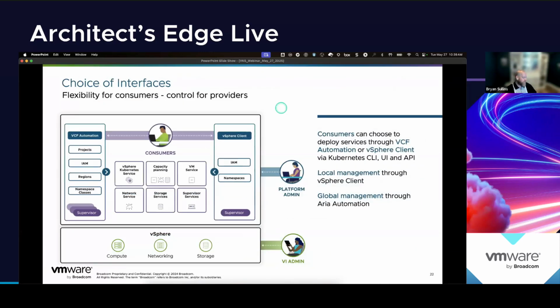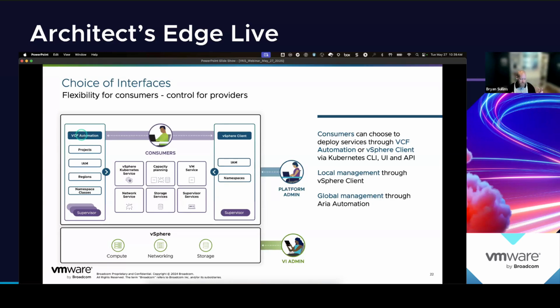The other choice of interface, if you're running VCF, you have the capability of using VCF Automation. Just so everybody's clear, that's Aria Automation. Just so everybody's clear, that's vRealize Automation, if we want to go way back. But VCF Automation is the name of it moving forward.